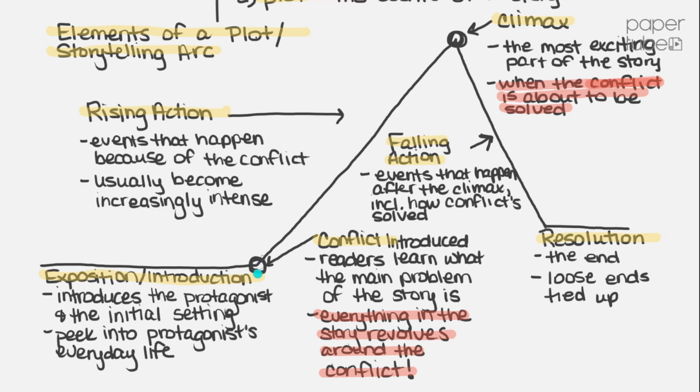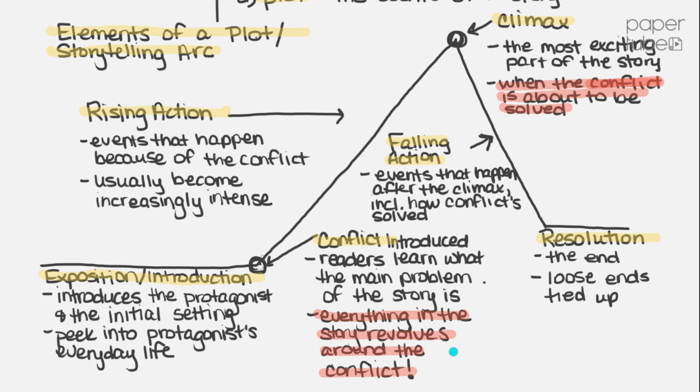So every good narrative has a conflict, and conflict is just another word for problem. So the conflict is introduced, and that's when we as readers get to see what the main problem of the story is. Everything from here on out in the story revolves around this conflict.